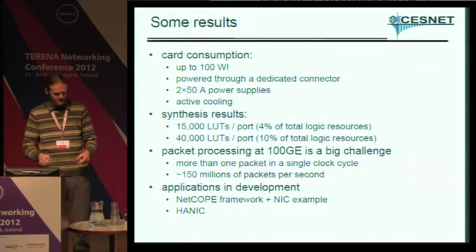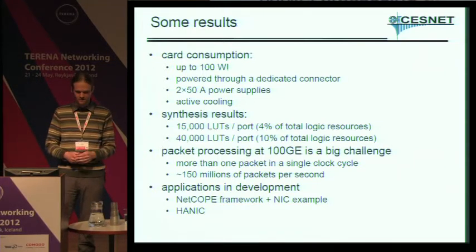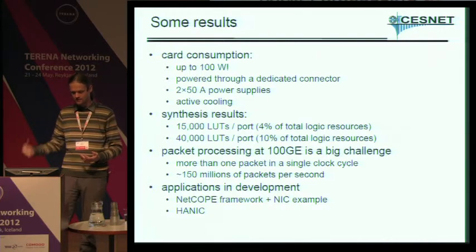What I didn't mention yet, because it's not the aim of this presentation, is the packet processing at 100G, because at this speed, you can receive around 150 million packets per second in each direction. And in the FPGA, where we can't have really high frequency, we need to have a wide parallel path.